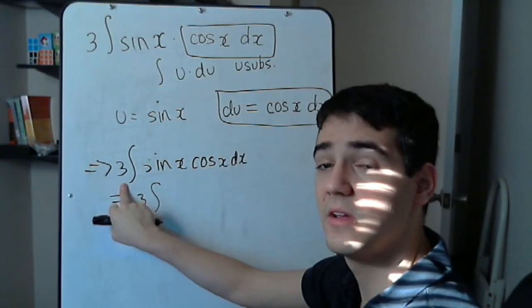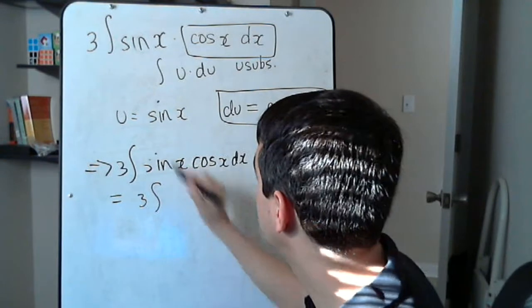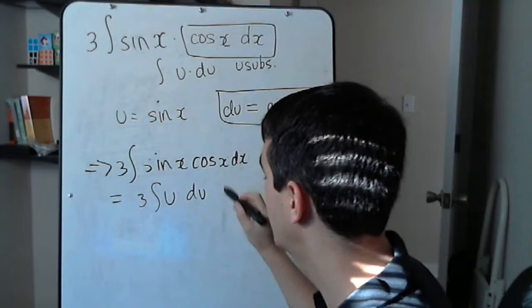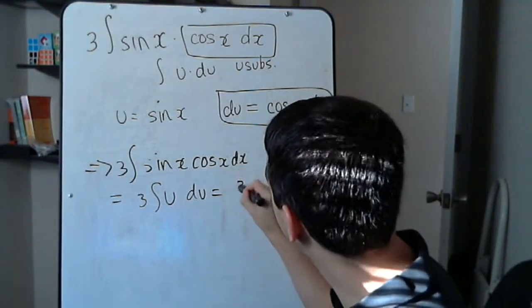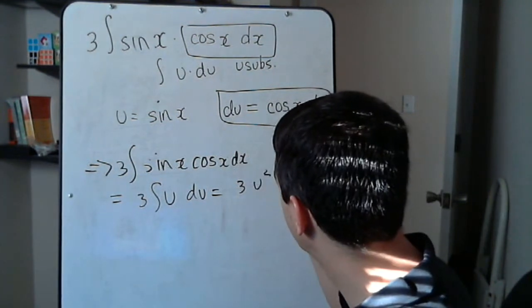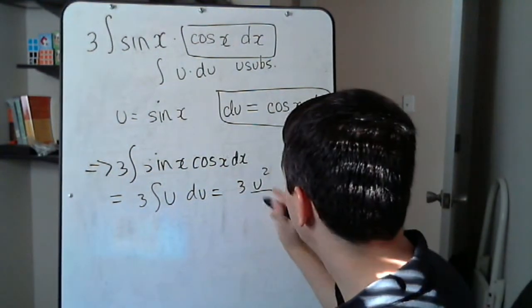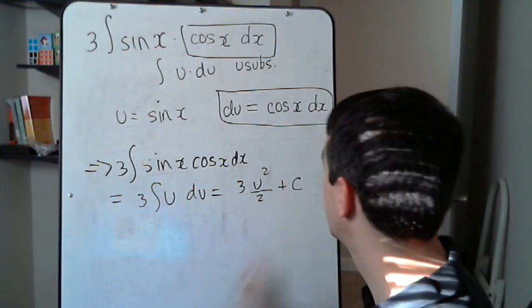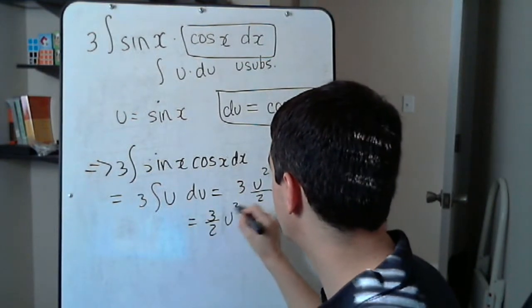It's not going to affect anything. So sine x is u, cosine x dx is du. And isn't that an easy function to integrate? So we get 3 integral of u du. Remember, you increase the power by 1 and put it over the new exponent, and then plus c. So 3 halves u squared plus c.